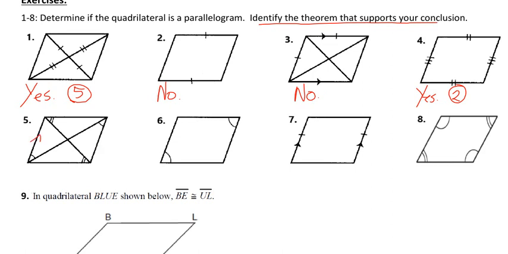So basically here we're using the converse of the theorem that says that if two lines are parallel, then the alternating interior angles are congruent. Now we're using the converse of that, which would say if you have two alternating interior angles that are congruent, then the lines are parallel.